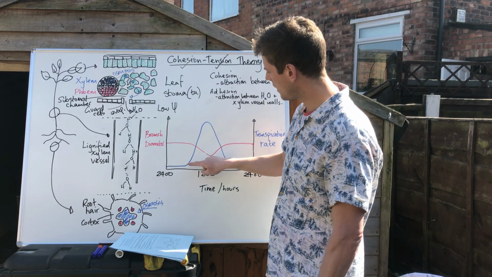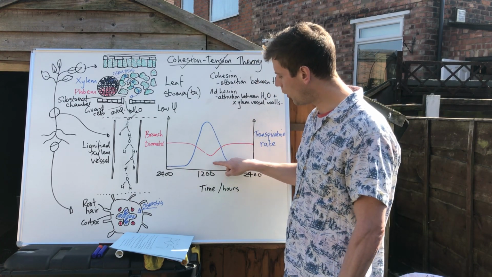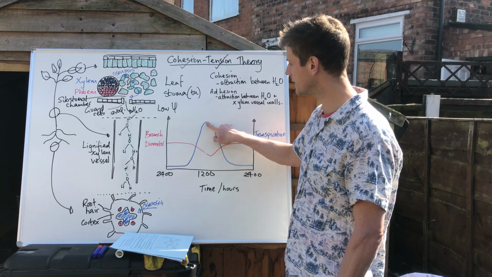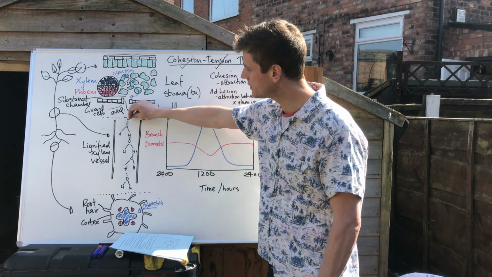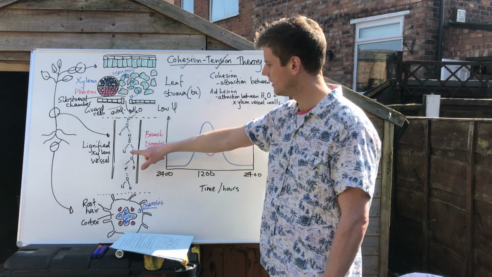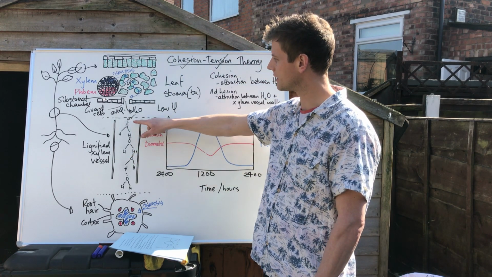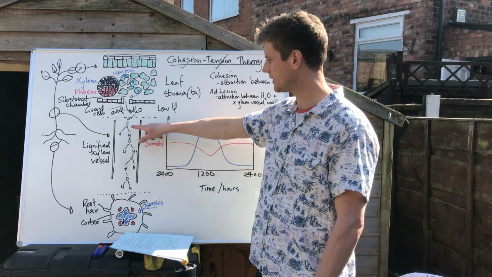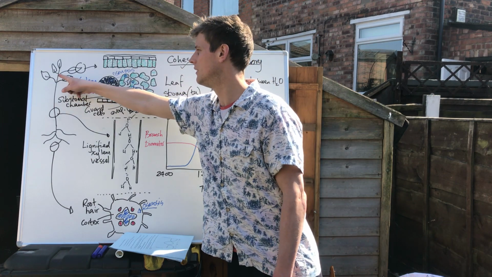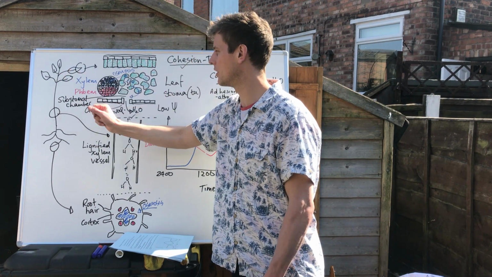So during the warmer parts of the day, when the transpiration rate is at its greatest, there is more tension on these water molecules in the xylem, and in the xylem of the stem or the trunk of a tree, and in the branches.